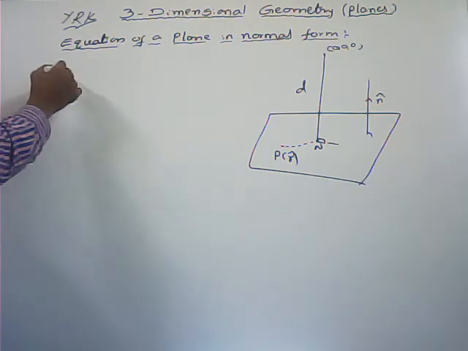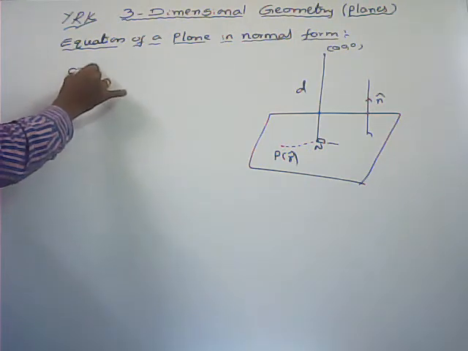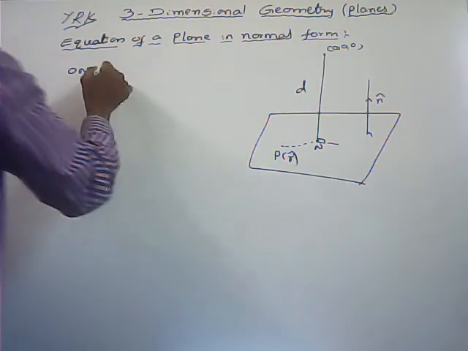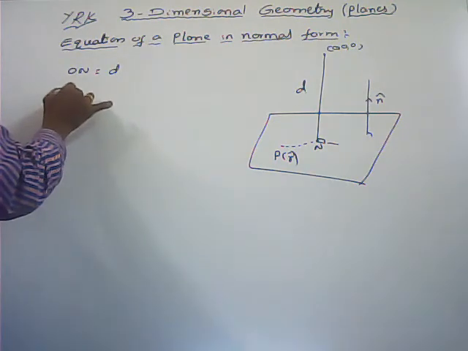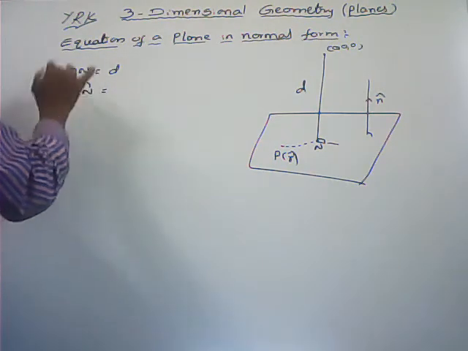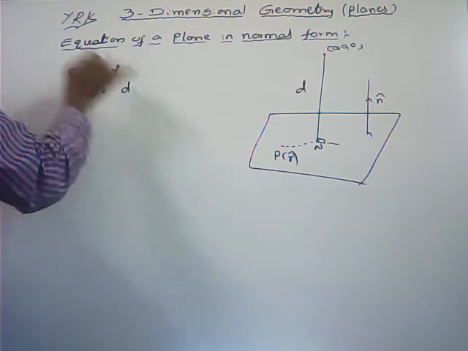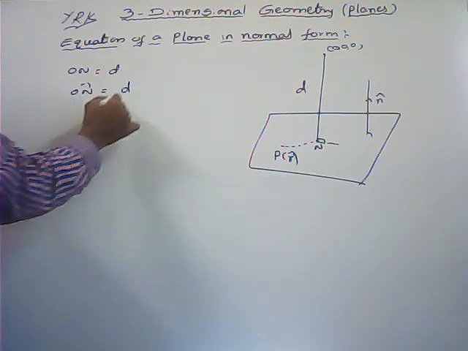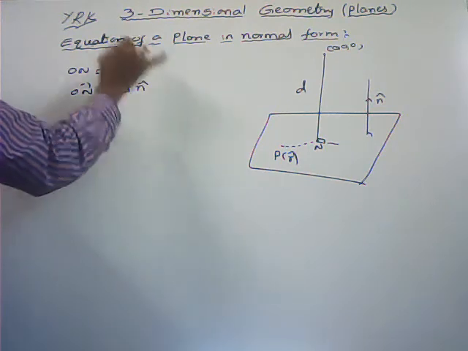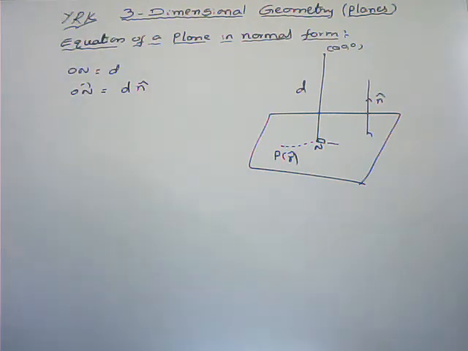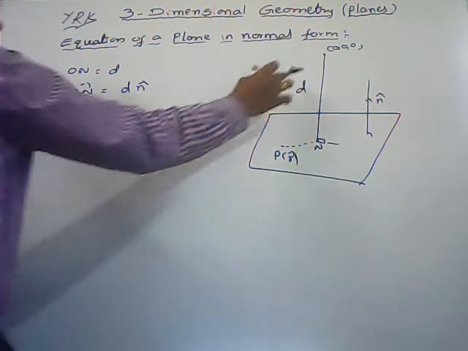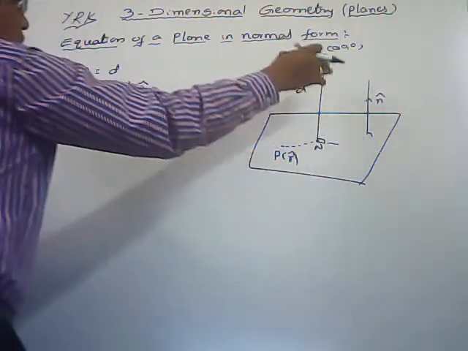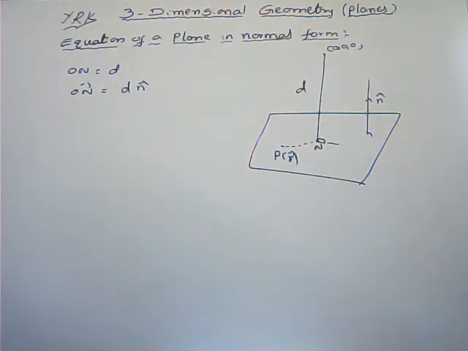Now I have taken ON, the distance, equal to D. ON bar should be that magnitude multiplied by the unit vector in that direction, that is n cap. So ON bar is equal to D n cap.